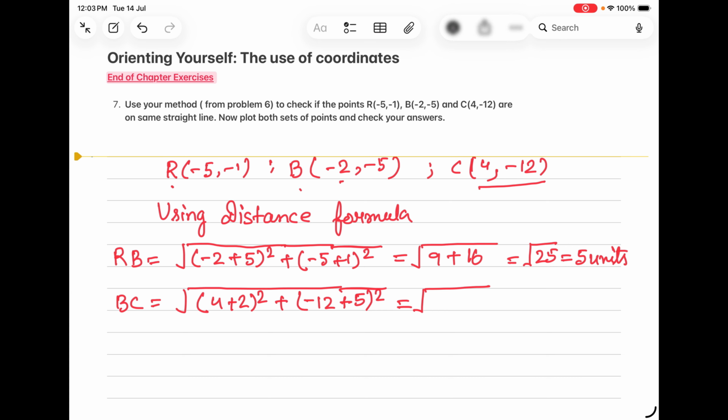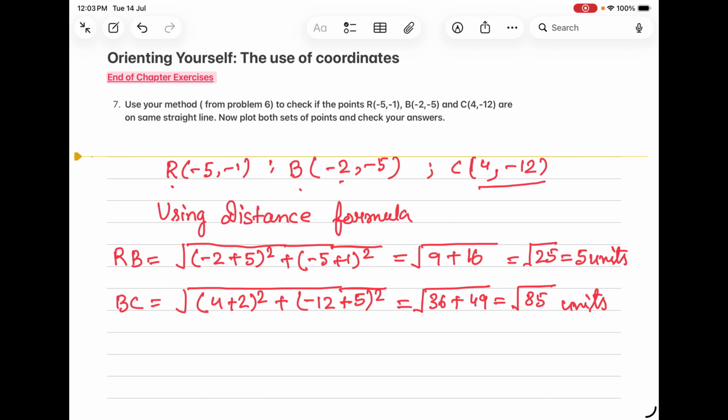So 4 plus 2, 6, 6 square 36, plus minus 12 plus 5, minus 7, minus 7 whole square 49. So total is 85, square root of 85. Keep it like that.